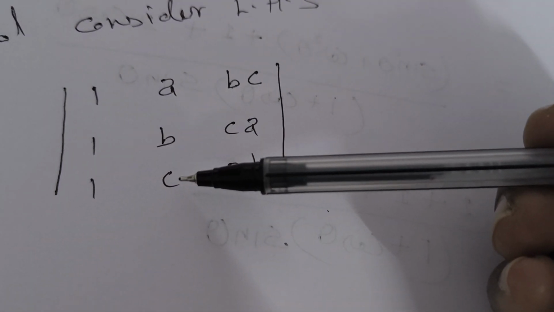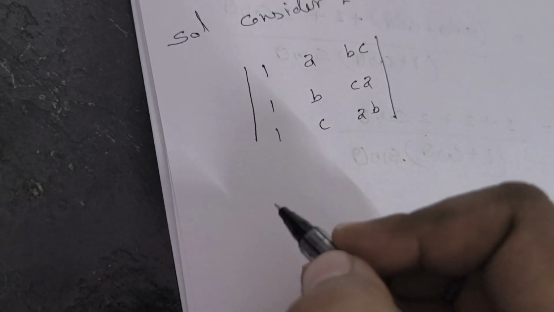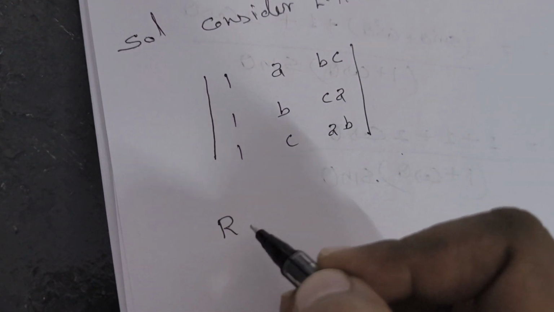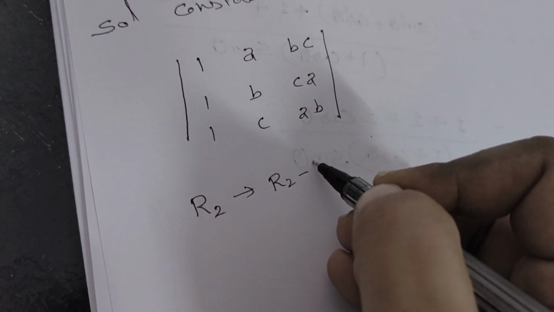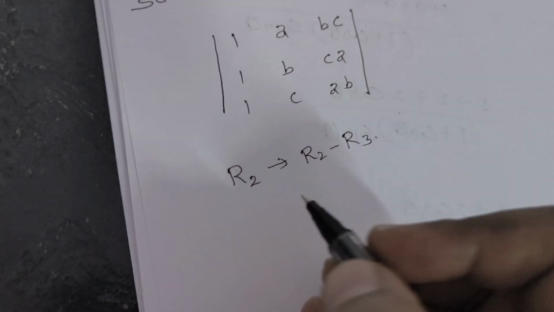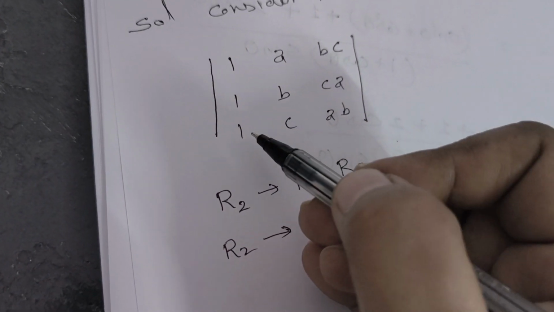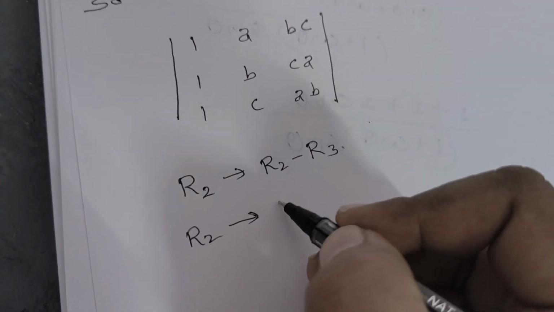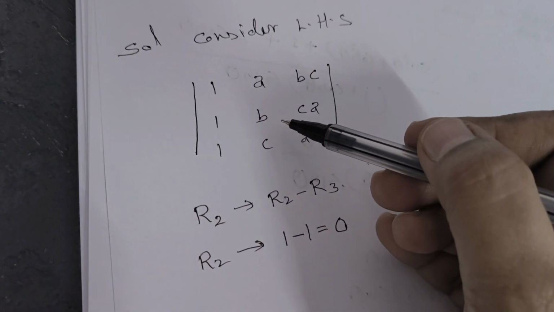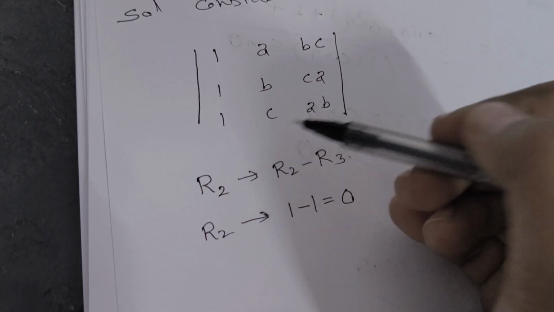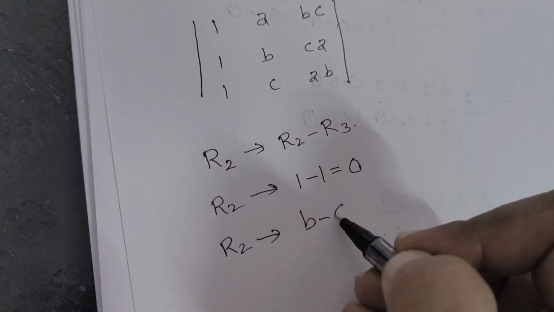So we will perform r2 minus r3. The first terms are 1 minus 1 is 0. r2 second term b, r3 second term c, so this is b minus c.